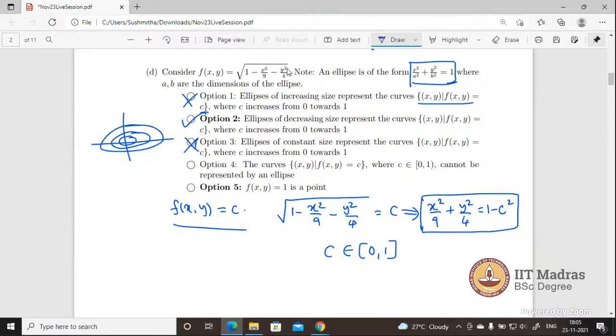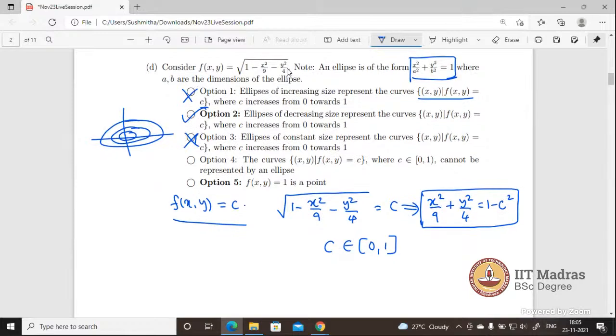So I can just divide by 1 minus c squared, right? I can write it as x squared by 9 into 1 minus c squared plus y squared by 4 into 1 minus c squared is equal to 1, right? Am I allowed to divide by 1 minus c squared?